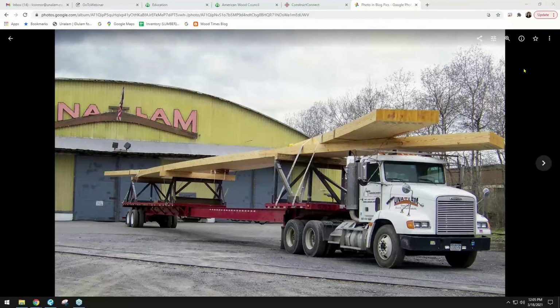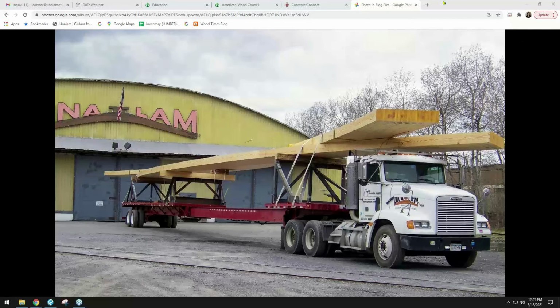Do you typically design for transportation loads as part of your design, or is that something that goes on a case-by-case project? It's case-by-case, because there are two factors we have to think about. One is maneuvering the beams themselves within the facility, because we have to flip these beams in order to finish on the other side of them and do fabrication on the other side of the beam.